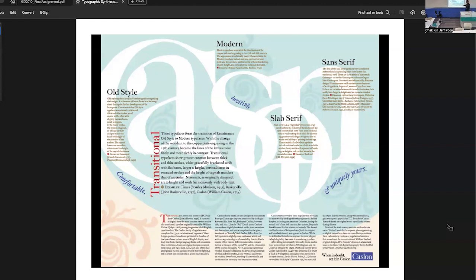Okay, so by that: C A S L O N. So it's what? Caslon. So Caslon belongs to what classification?